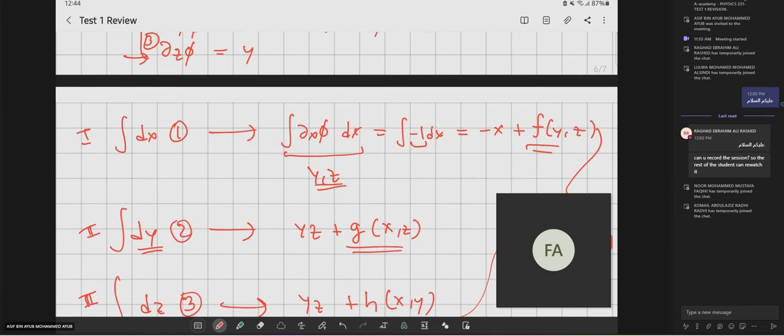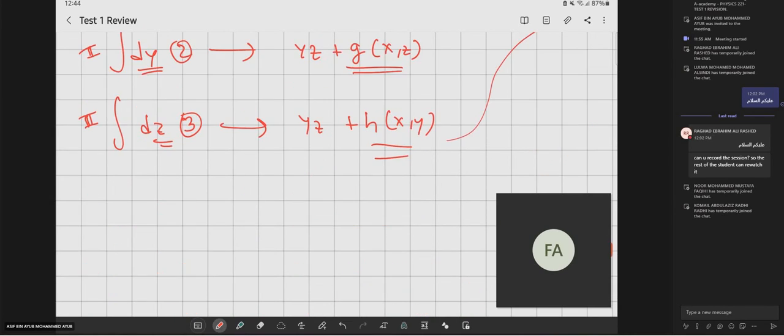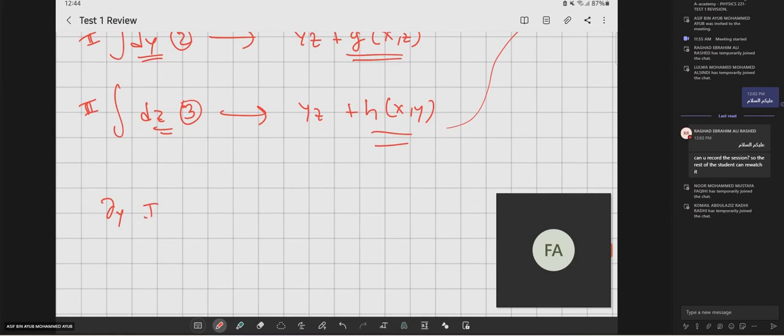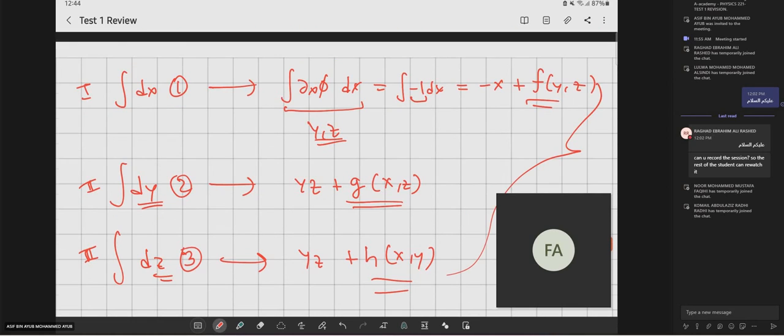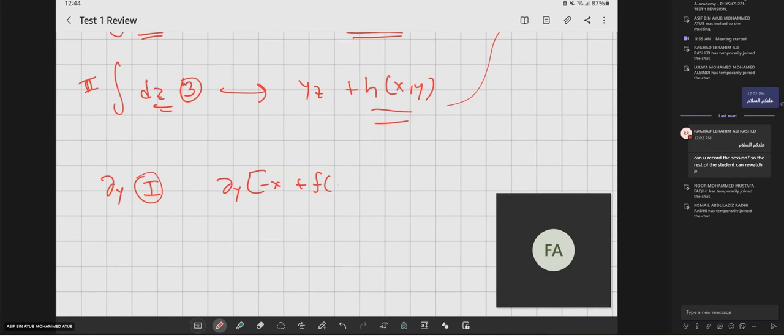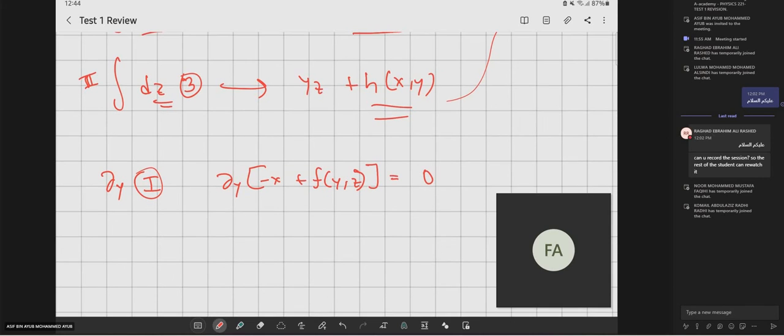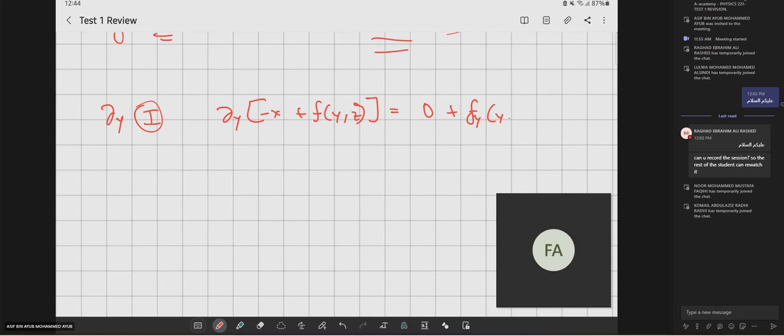Now let's take the partial derivative with respect to y of this one here. So in this case, I'll have partial y of minus x plus f of y and z. This will give me 0 plus f sub y of y and z.